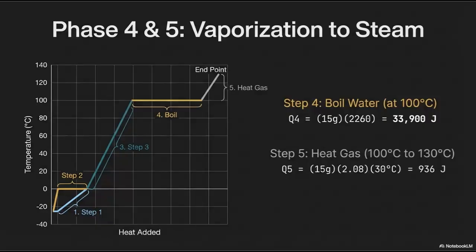So once we have the third step, we just need step number 4 and step number 5. Step number 4 is the boiling. So m delta H of vaporization. So it's 15 times 2260. So I get a heat of 33,900 joules. And our last step is just taking that evaporated gas and heating it up to the final temperature.